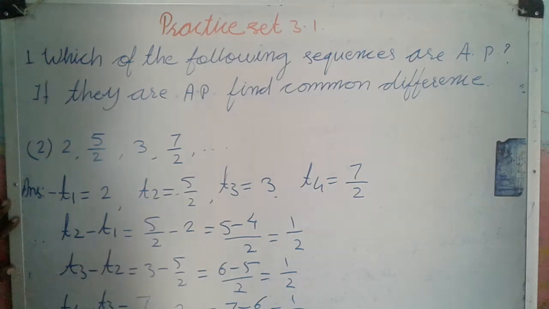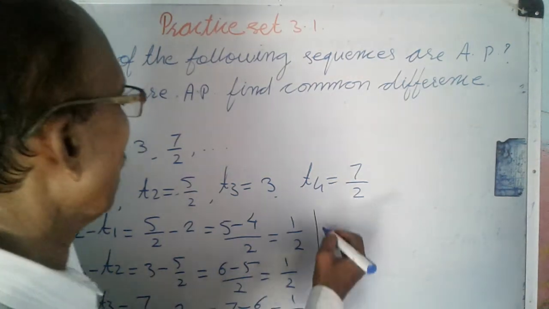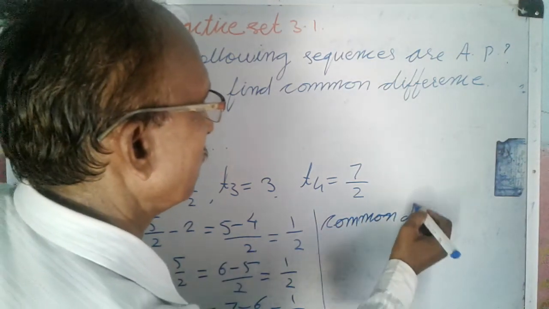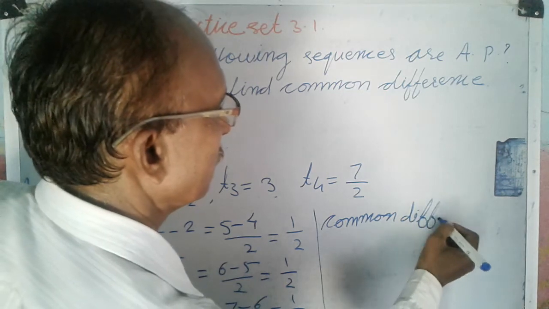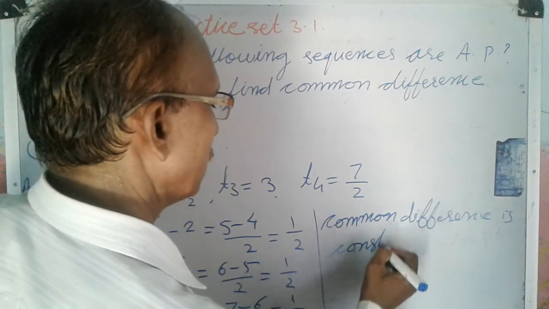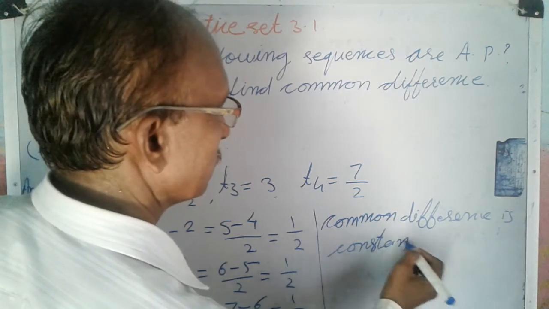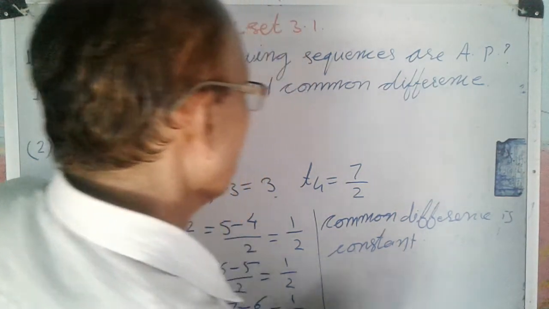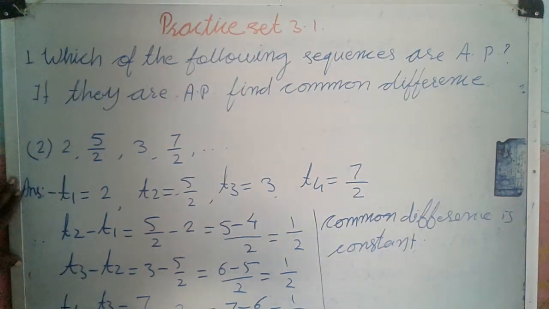That means here common difference is constant and it is 1 upon 2. Therefore, if the common difference is constant, then the sequence is an arithmetic progression and the common difference is 1 half.